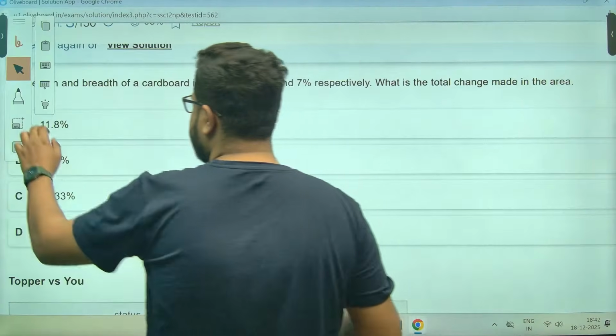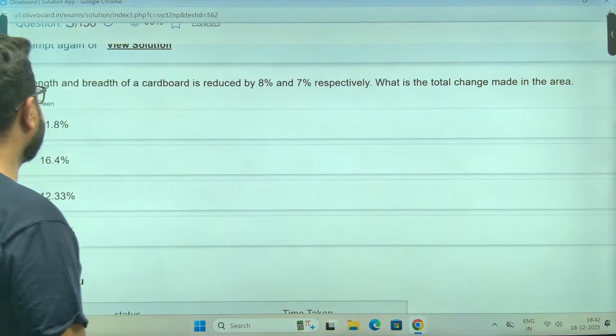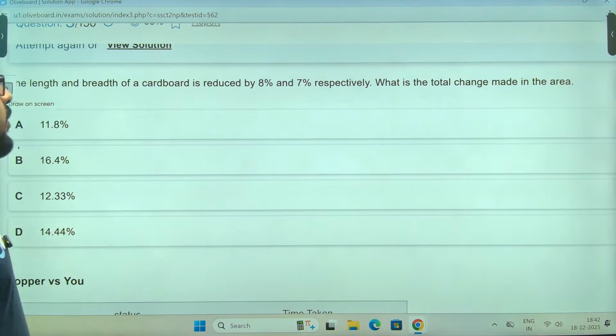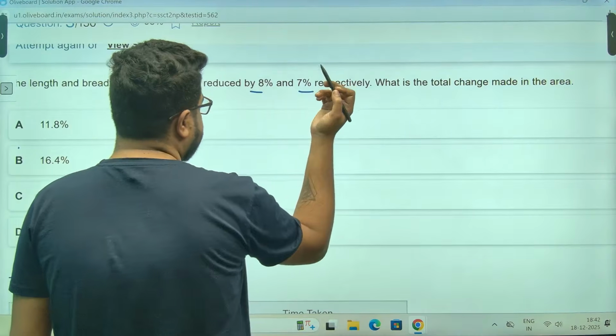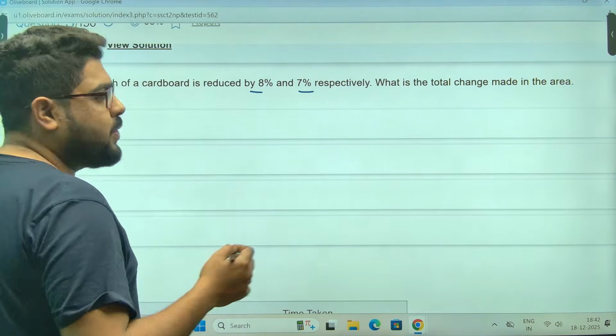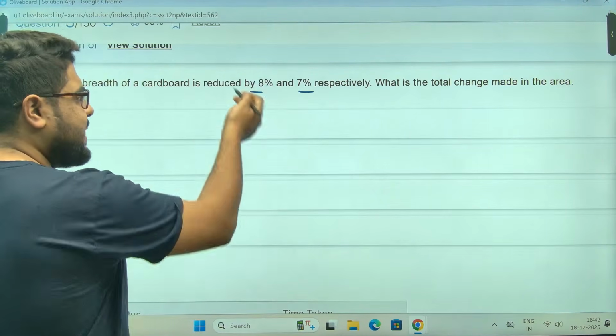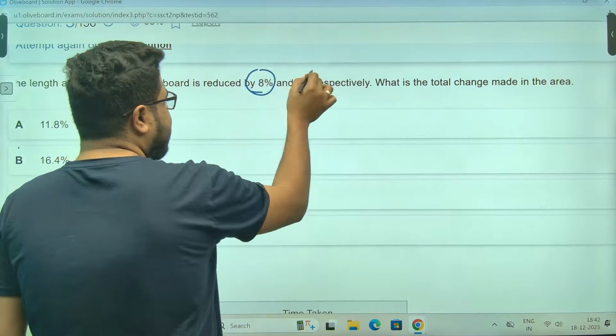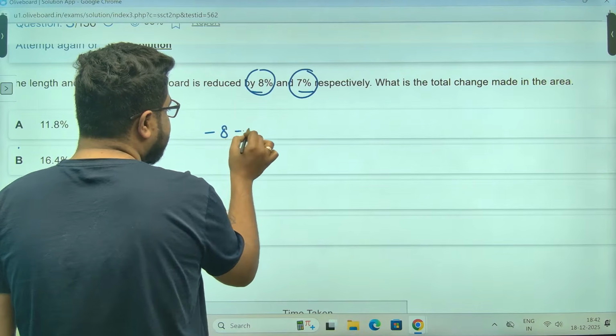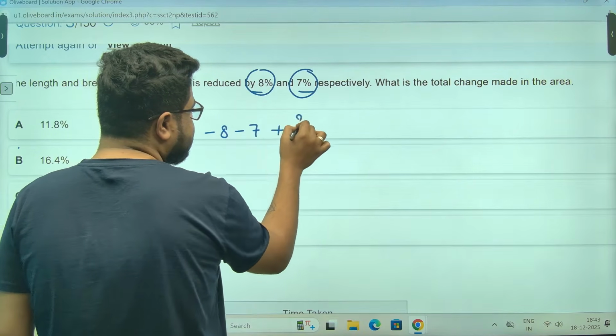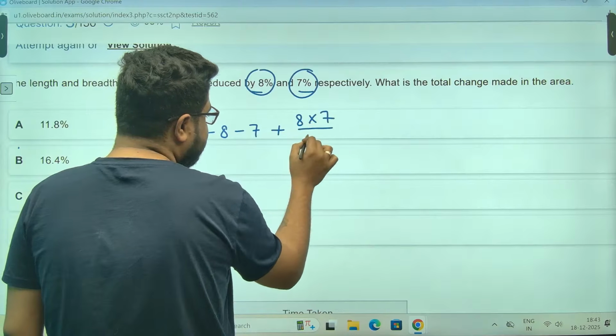Next one. The length and breadth of a cardboard are reduced, and we need the change in area. Again, you can use the AB theorem, you can use multiple things. Let's use the AB theorem. 8 and 7, so minus 8, minus 7, plus 8 into 7 by 100.